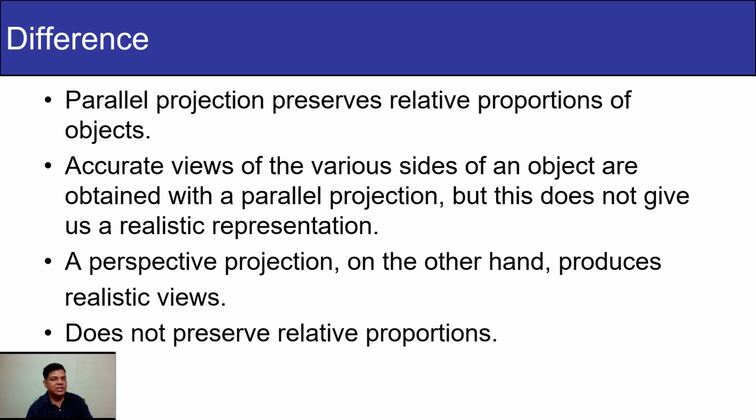A perspective projection, on the other hand, produces realistic images, but it does not preserve relative proportions of the object, because the dimensions of the object change. But the advantage is that we can represent realistic images using perspective projection.